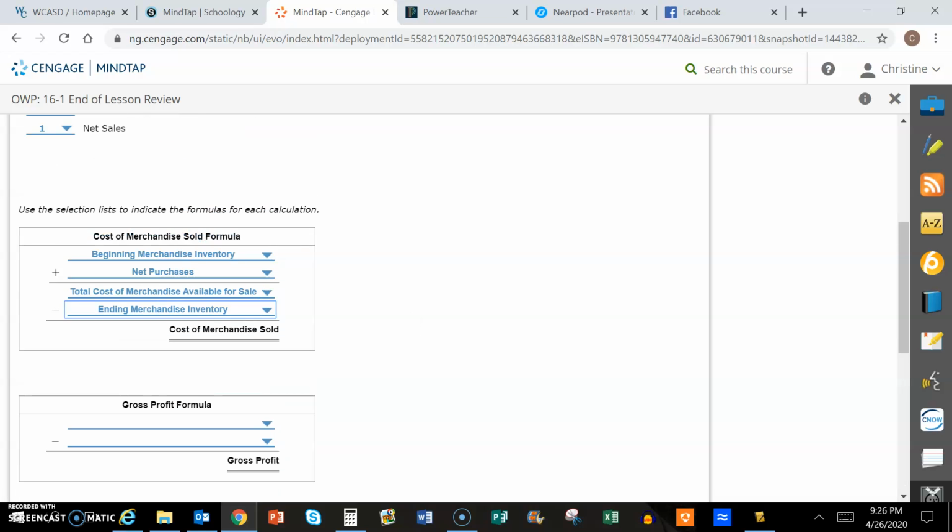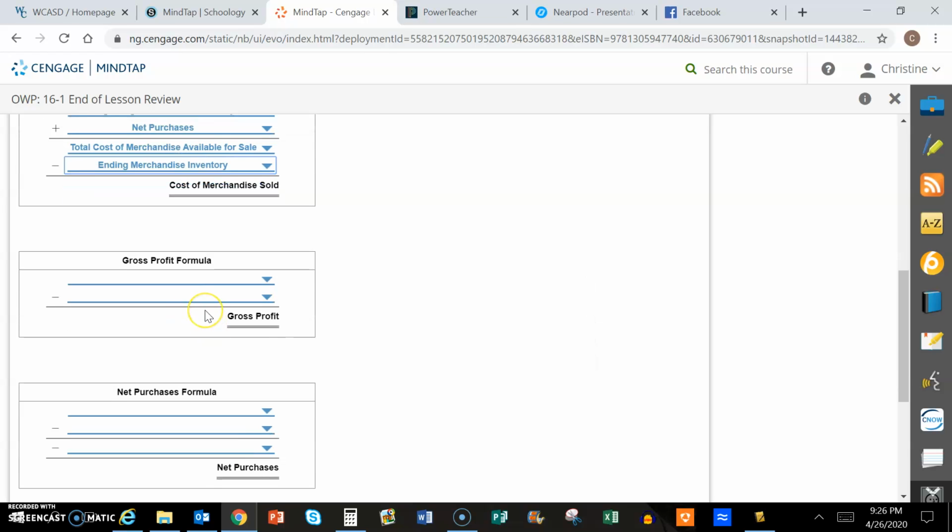Okay, so you had a beginning inventory. You bought more stuff. Then that tells you the total amount that you have available. Then you take out your ending inventory, and that's what you actually sold. Okay. The next one is gross profit. So your gross profit is what did you sell, so your net sales, minus what it cost you to sell that stuff. Okay, so what did you sell and how much did it cost you to sell that stuff?